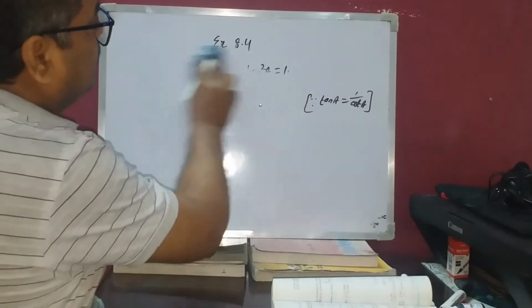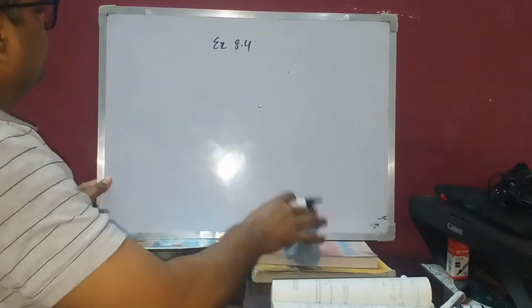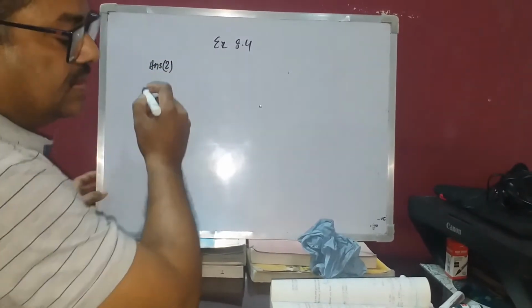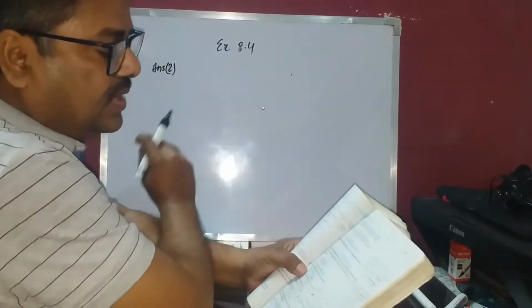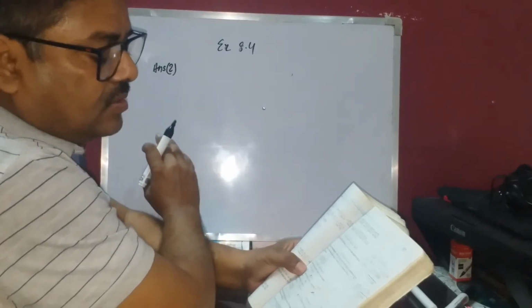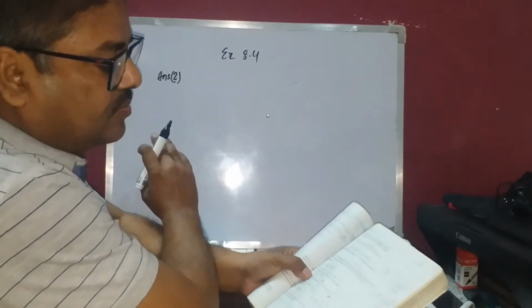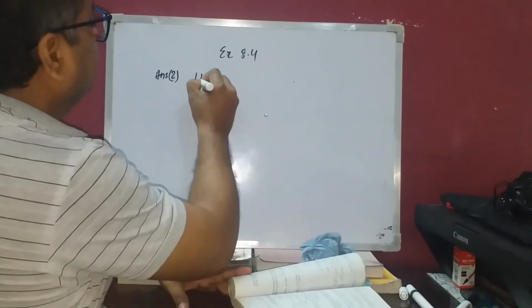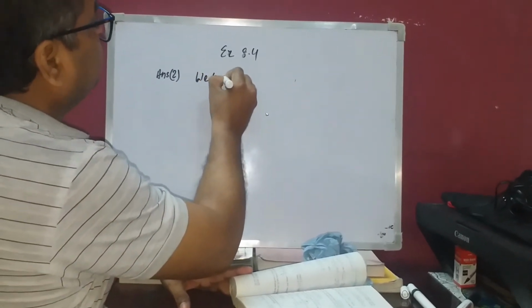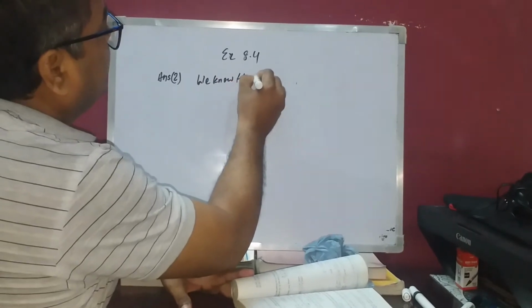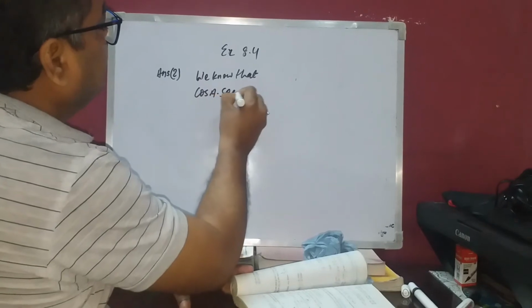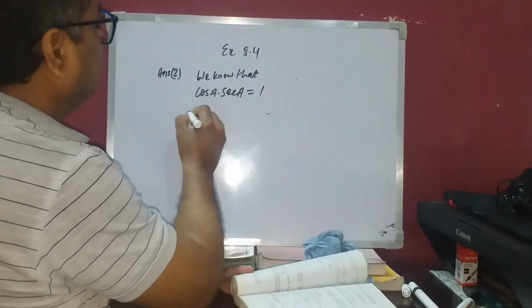Now we will do question number second. In this question we have to change all the trigonometric ratios in terms of sec A. So first of all we know that cos A into sec A equals 1.